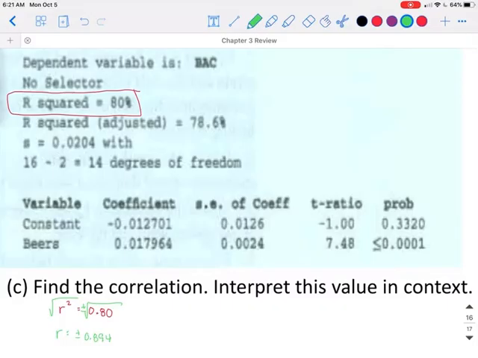There's a relationship between the slope and the r value. If the slope is positive, then the r value is also positive. If we interpret this in context, this means that we do have a positive correlation, and it would be a moderately strong linear correlation.